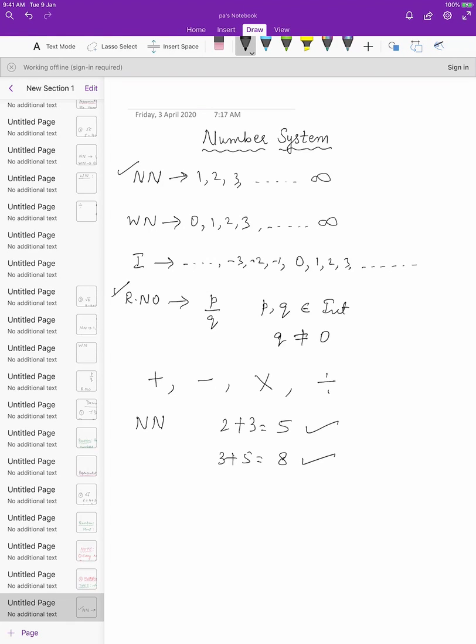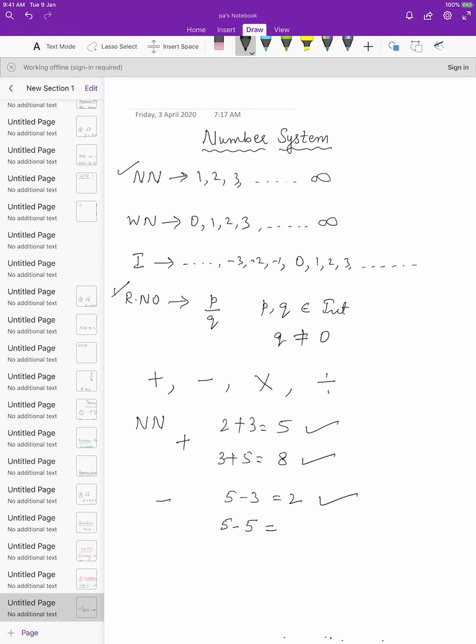If you talk about subtraction, if I take 5 minus 3, it gives me 2, which is very much a natural number. But if I talk about subtraction of the type 5 minus 5, there is no number to represent this kind of subtraction in the set of natural numbers.